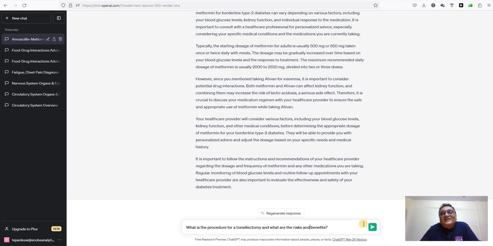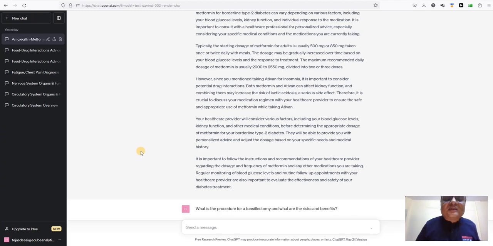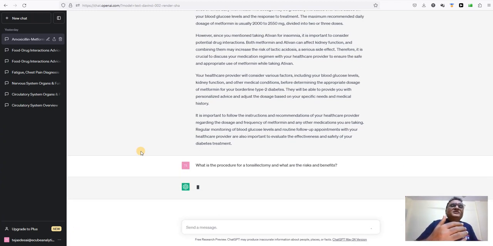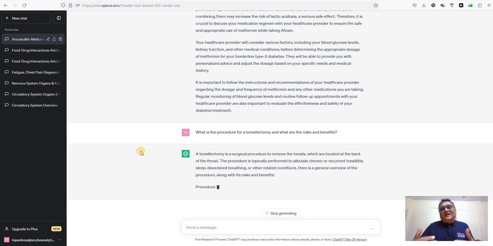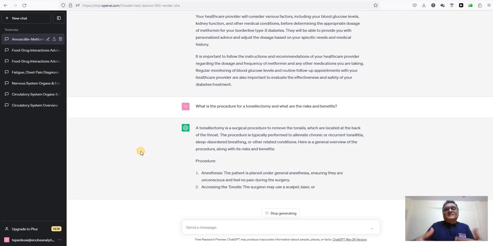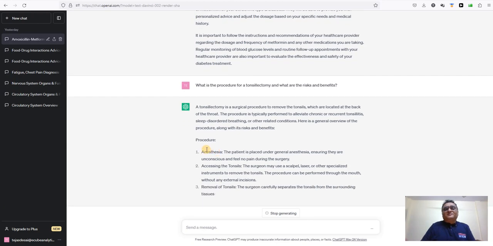So at least as a patient, one can get the knowledge. Or think about a surgeon who is too busy and too bored also sometimes to explain the same things to a repeated number of patients.